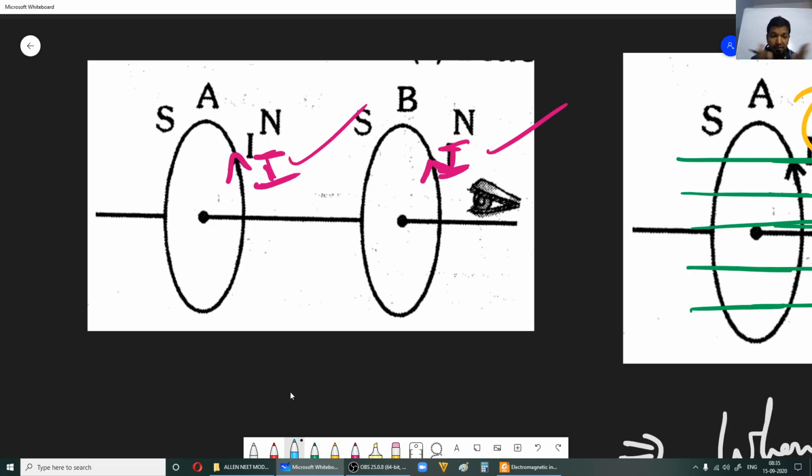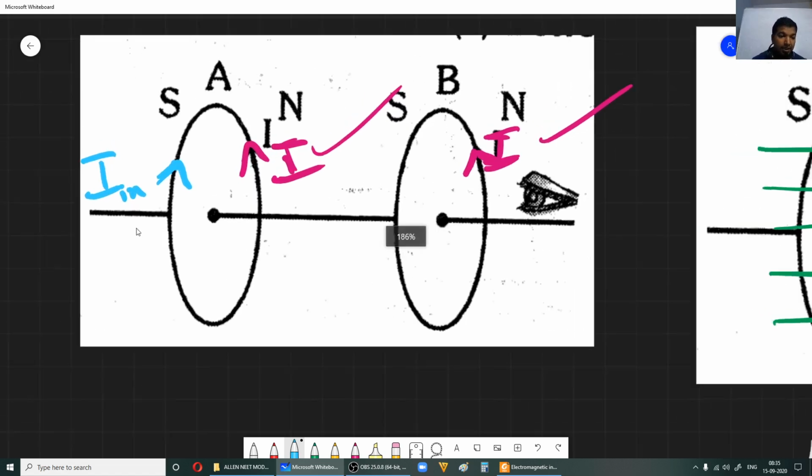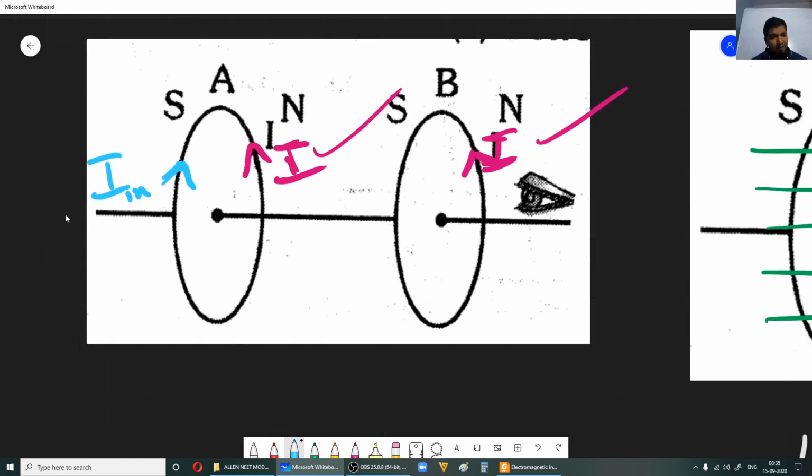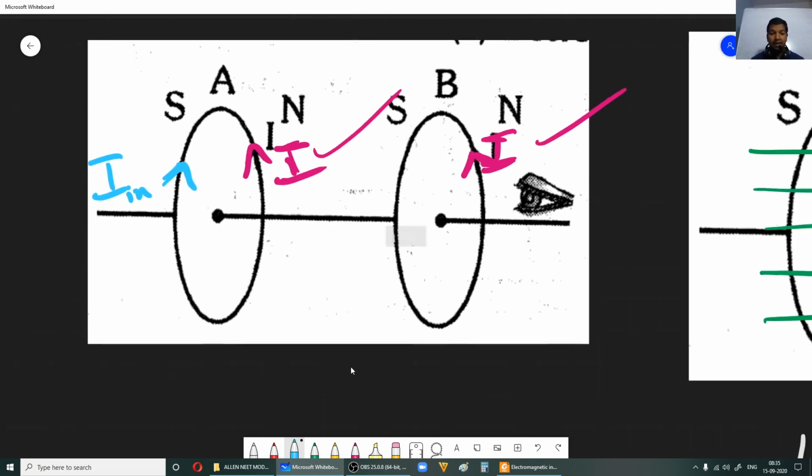When you bring these coils closer together, the flux through coil A increases, is it not? So the induced EMF will produce a current which will tend to decrease it. So this blue color current, whatever I am writing here, will flow in a direction so that it will decrease the magnetic flux.